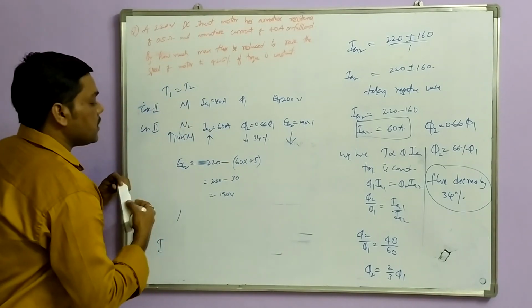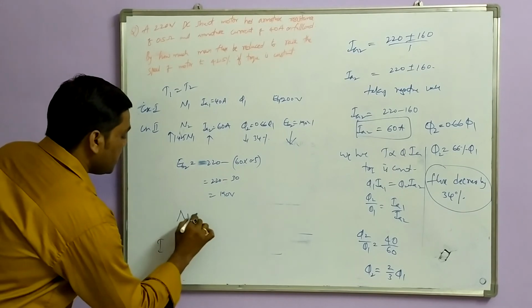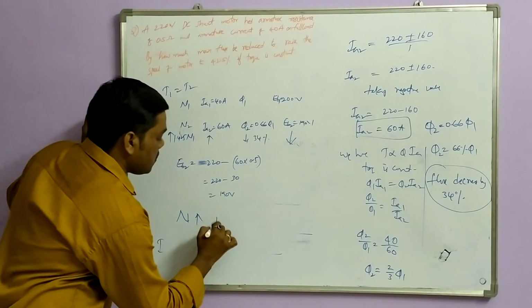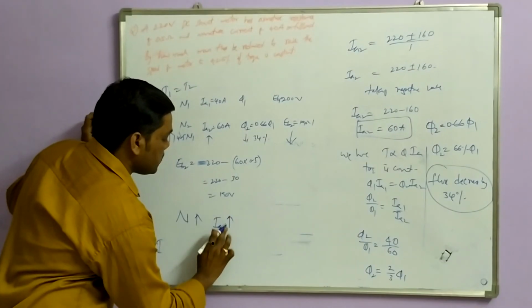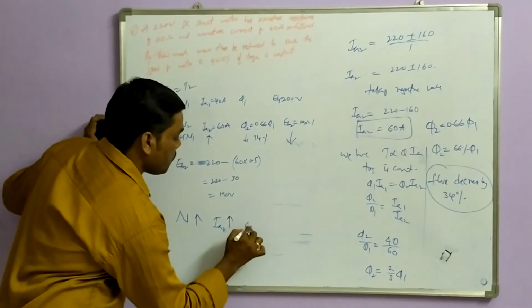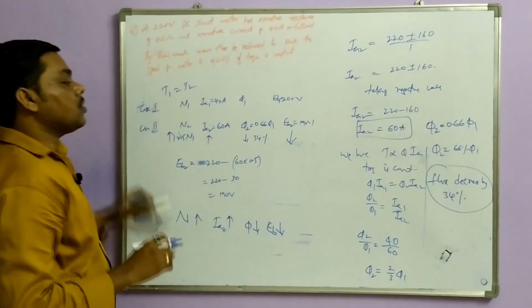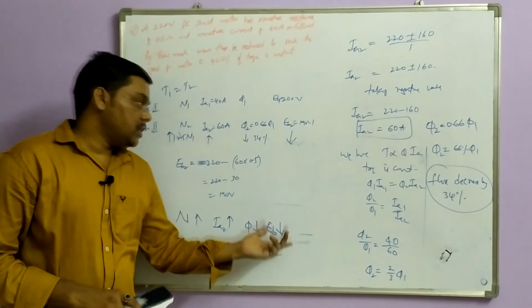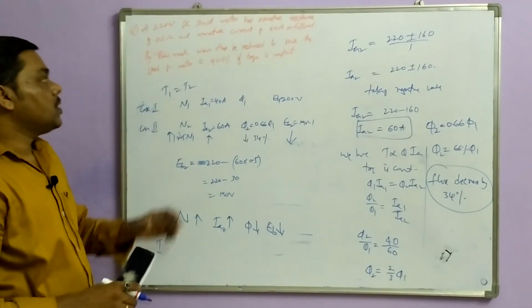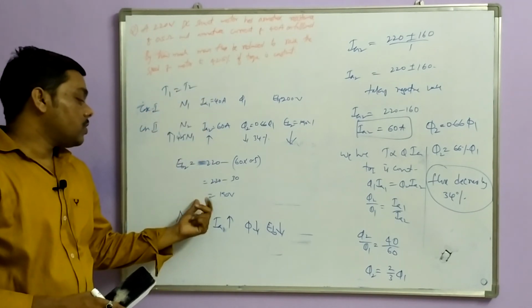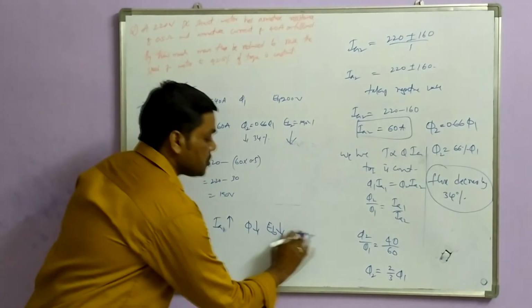Now you can summarize. Speed increases, so armature current increases, flux decreases, and back EMF also decreases. From this problem, the motor speed increased by 42.5% and the torque is constant.